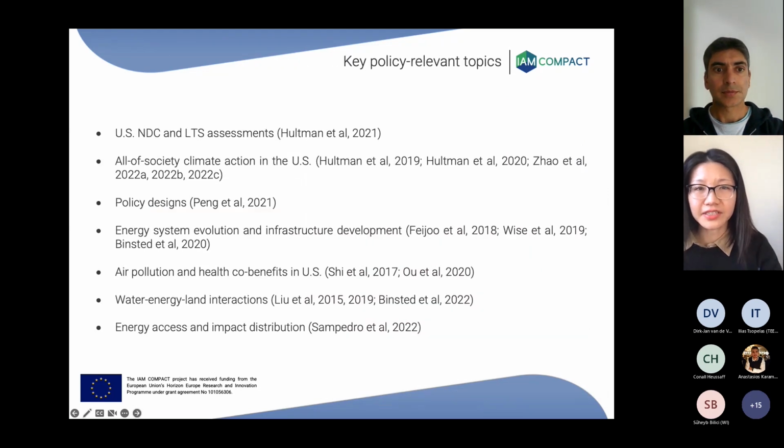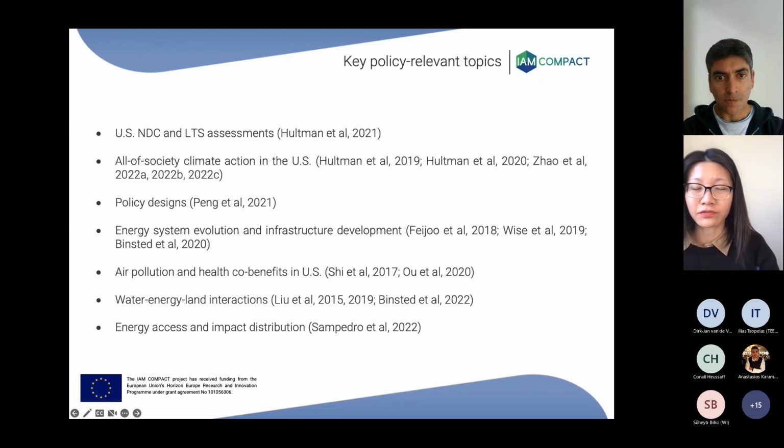Here is just a summary of the work, beyond our own group, that has been done using GCAM USA. I already mentioned the assessment of the US long-term strategy and all-of-society climate action. And there are other works that look at specific policy design and how that affects the cost of achieving the target, and a lot of papers focusing on the energy system, for example, gas pipeline infrastructure development.